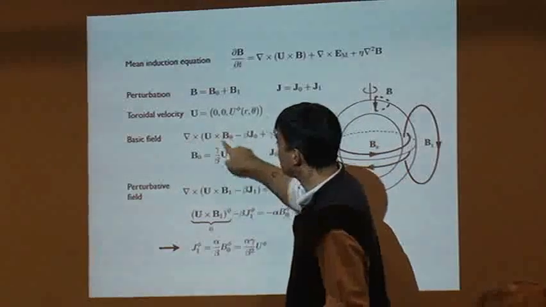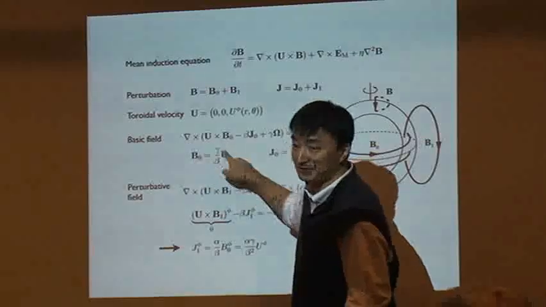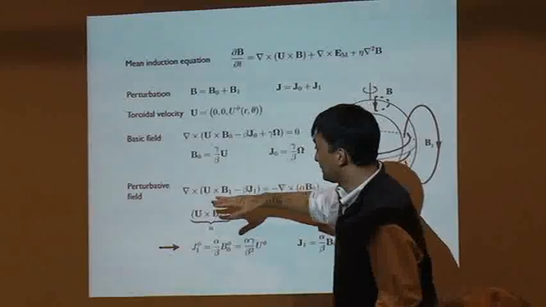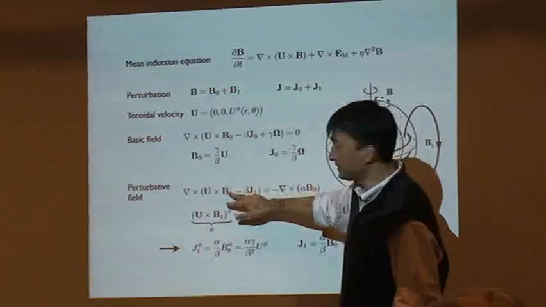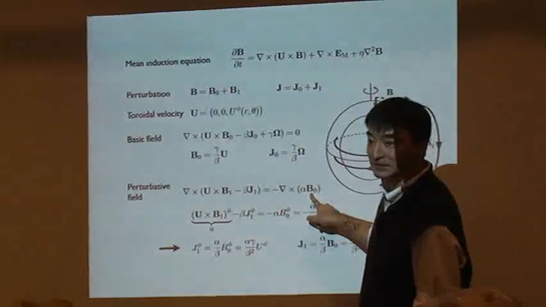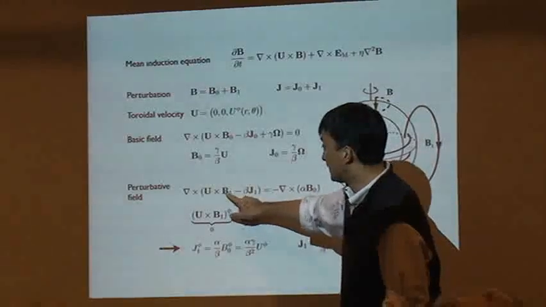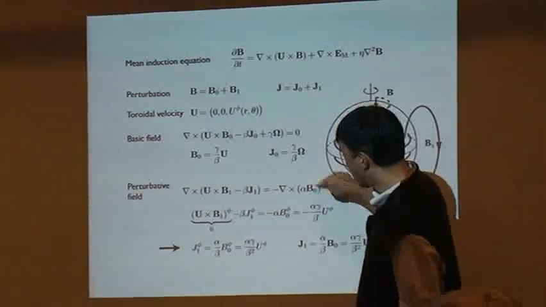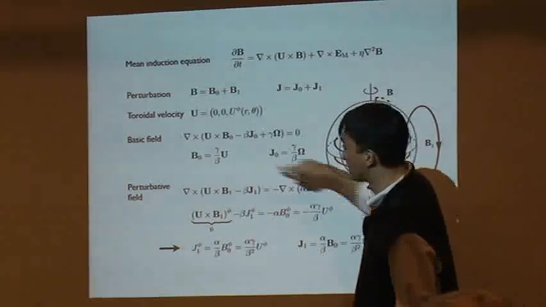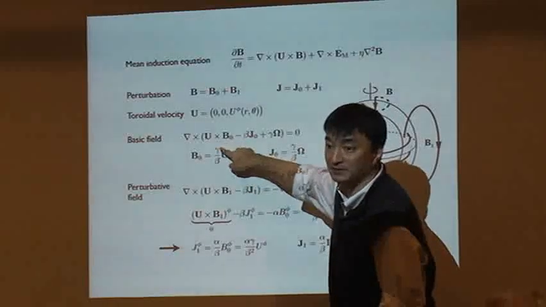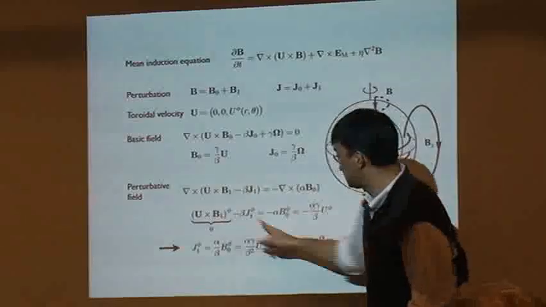Then first we have B0 as this type of solution. Then in the B1 field, the perturbative field, we consider also alpha and beta, but the B0 field is coming from this first one, using this cross-helicity term.